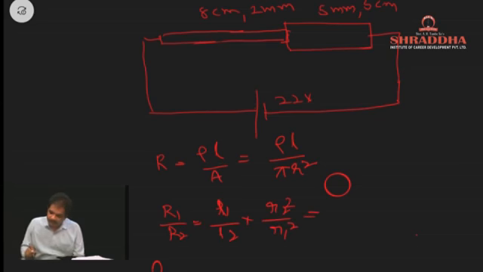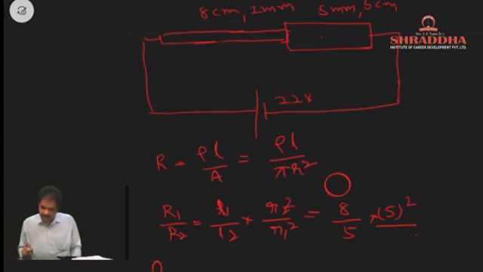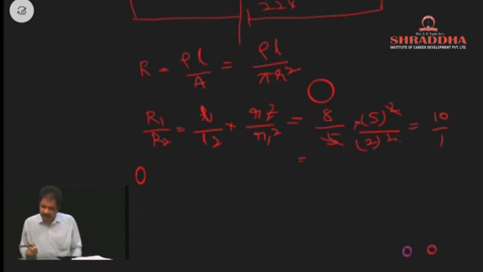L1 by L2 will be 8 by 5. First wire length is 8, second wire length is 5, so 8 by 5. First wire radius will be 5 mm. Same units will cancel, no need to convert the units. This will be 2 square. So 5 square means 5, 1, 5 will cancel, 4 2s will cancel. This value will be 10 by 1, R1 by R2 value.